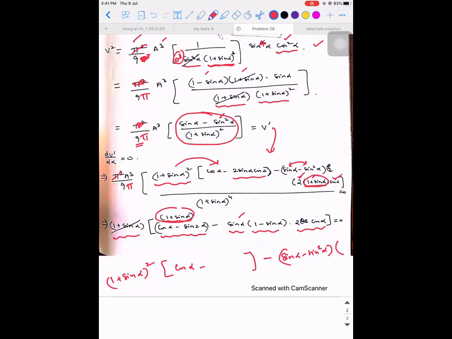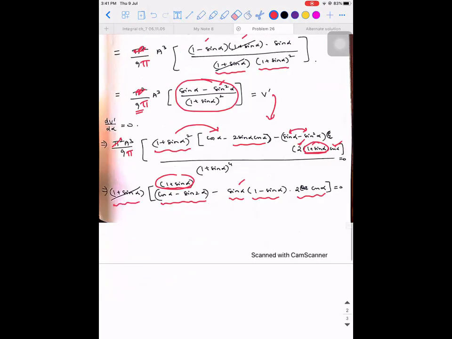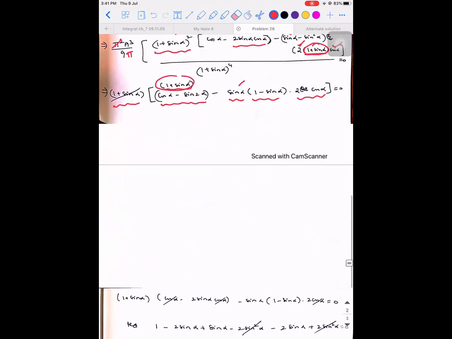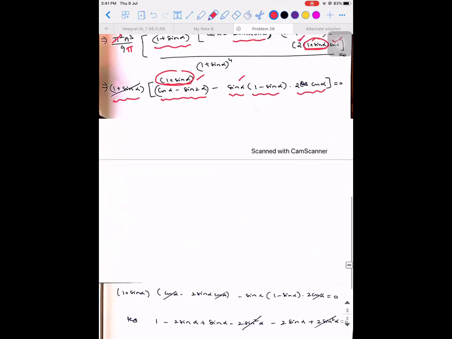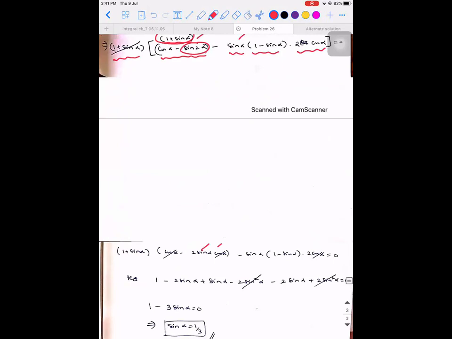Yes, sir. Yeah. So listen. Then once this 1 plus sine alpha comes outside, then this 1 plus sine alpha into cos alpha minus, again I realize that cos alpha is common. So sine 2 alpha I wrote back as 2 sine alpha into cos alpha.